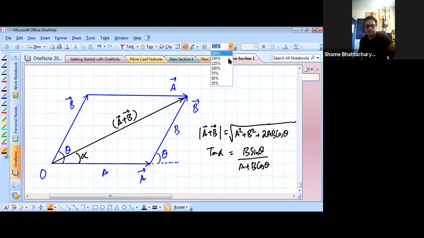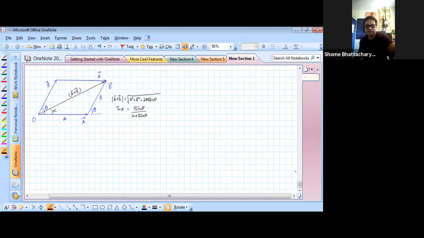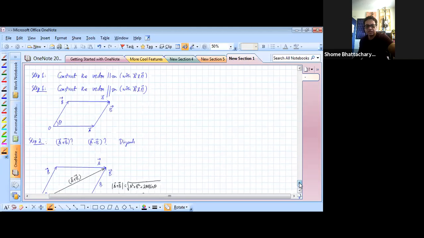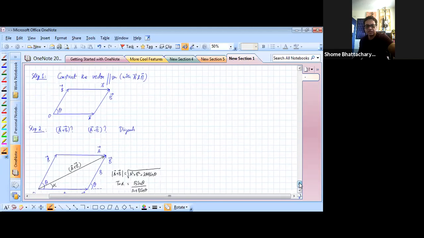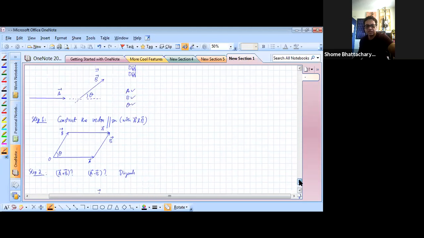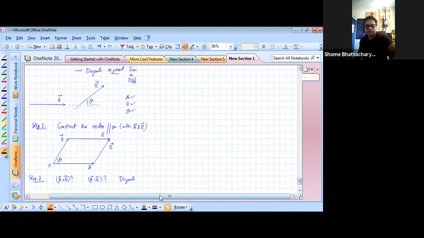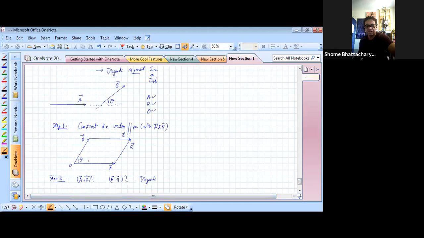But first make sure you understand this properly. Given two vectors A and B, step one is we construct a parallelogram such that the adjacent sides of the parallelogram are the vectors A and B. So make sure you understand step one first. Then we'll come to step two, in which we'll see first the sum of the two vectors and later the difference also.